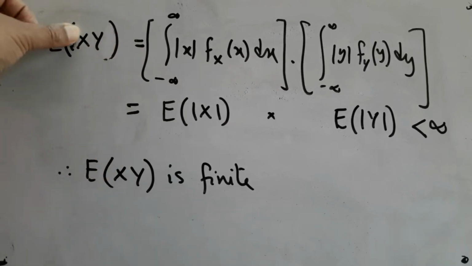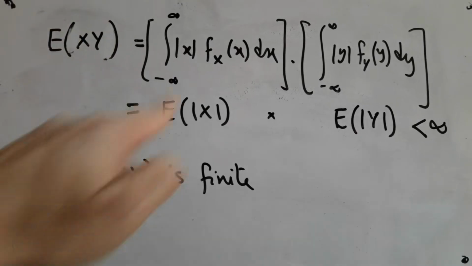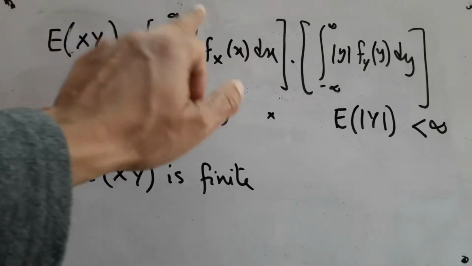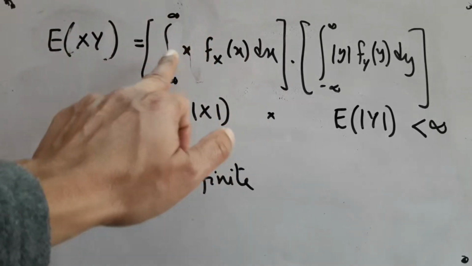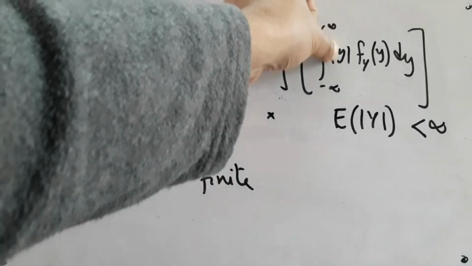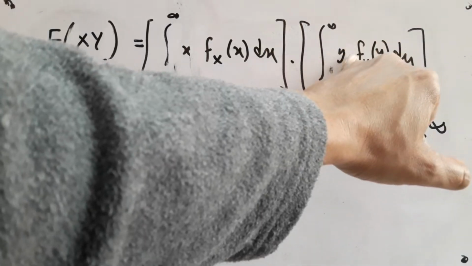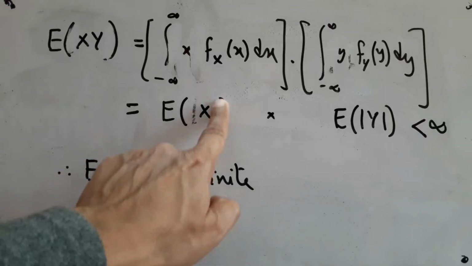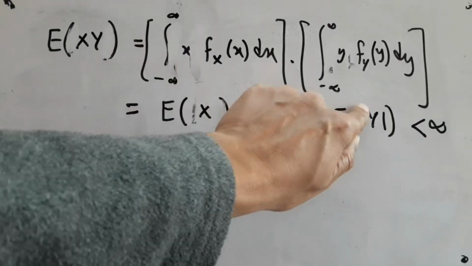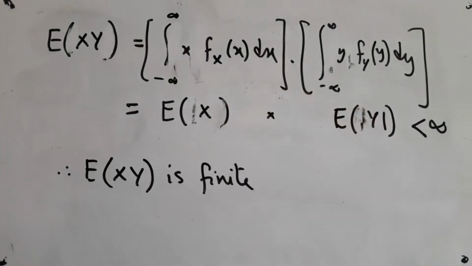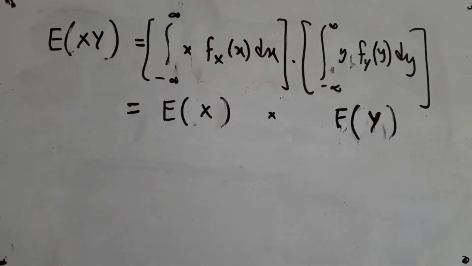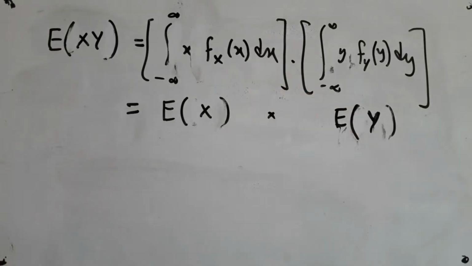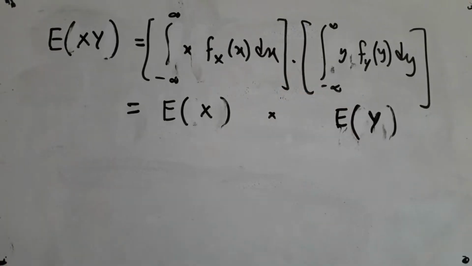So once I drop the absolute value sign, I will also drop the absolute value signs from here, and also from here, and also from here. As a result, I will get my desired result, that expected value of X times expected value of Y. And that completes the proof of the theorem.